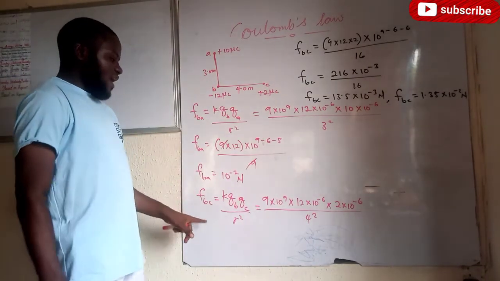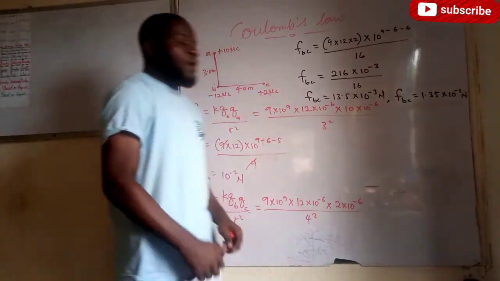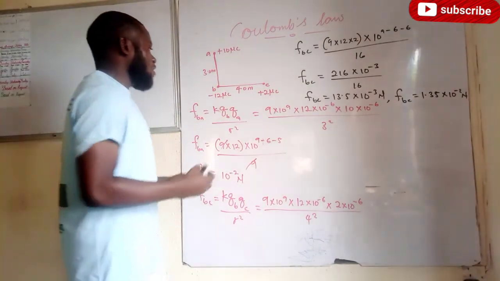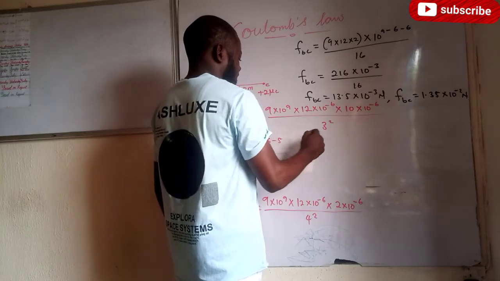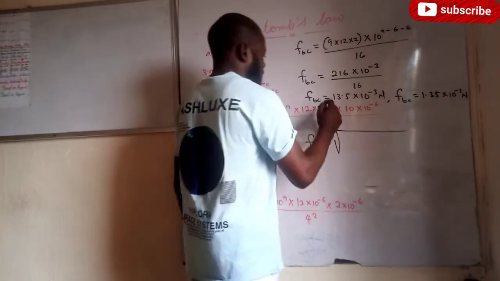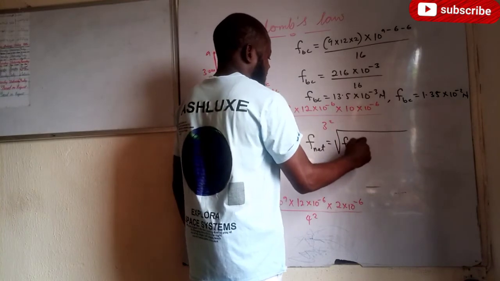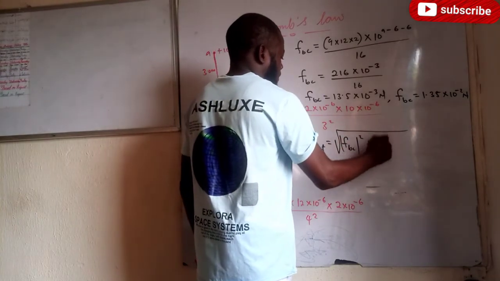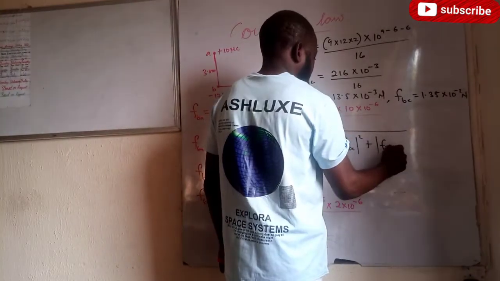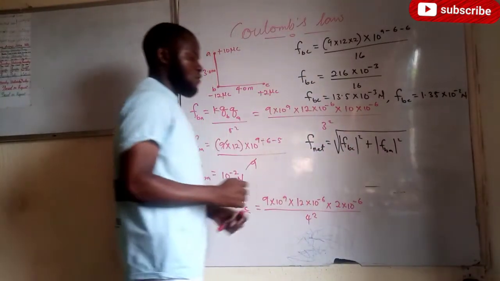So we've gotten the value for this and this, but we are asked to look for the net force on this charge. So for us to know the value for that, the net force is going to be the square root of FBC square plus FBA square. Are we together?